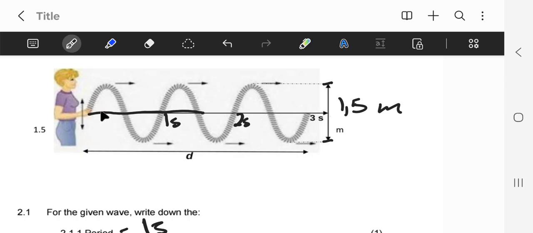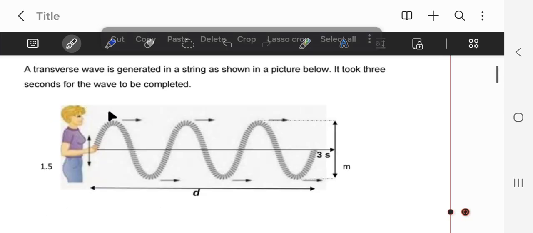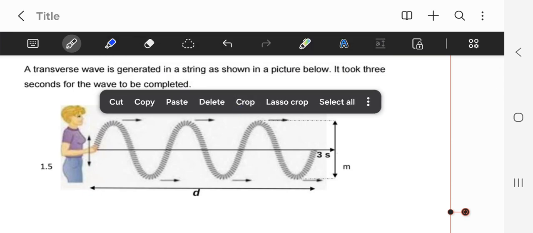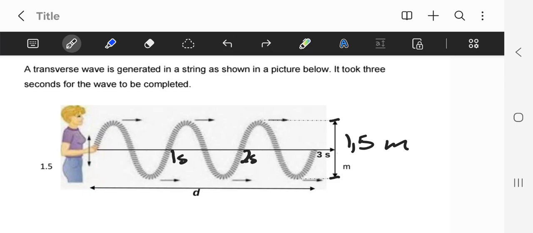My particles are gonna move from the rest position and they will reach the maximum point. They can move from here up to here, or they can move from here up to here.